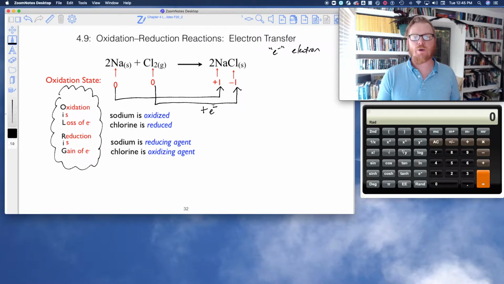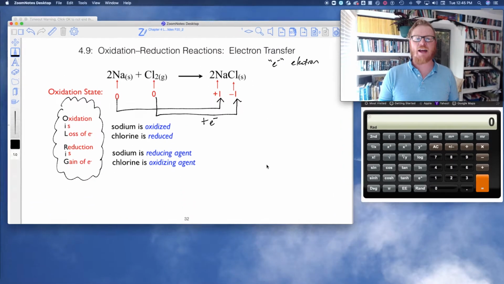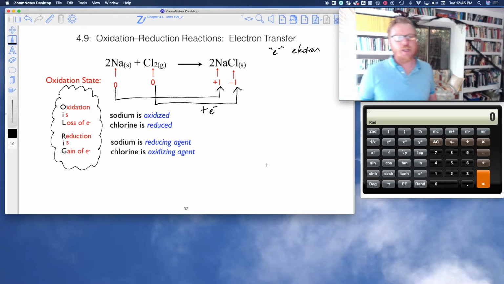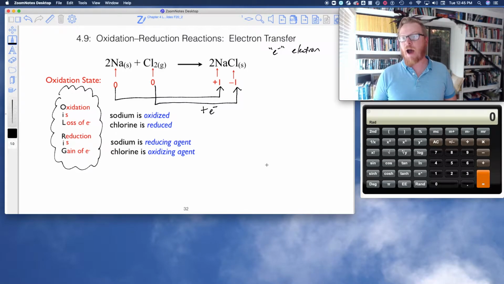Well, then what about sodium? Well, for sodium to go from 0 to +1, it's tempting to say, well, it had a proton added to it, but it did not. That would be a nuclear reaction if we forced sodium to take on a new proton. And I'm not talking about an H+ acid proton. I'm talking about a proton in its nucleus.